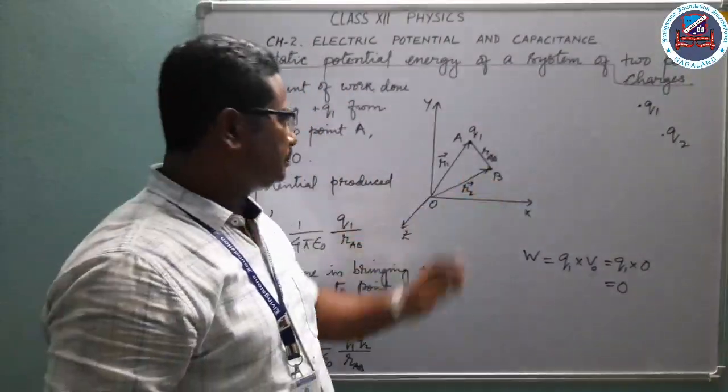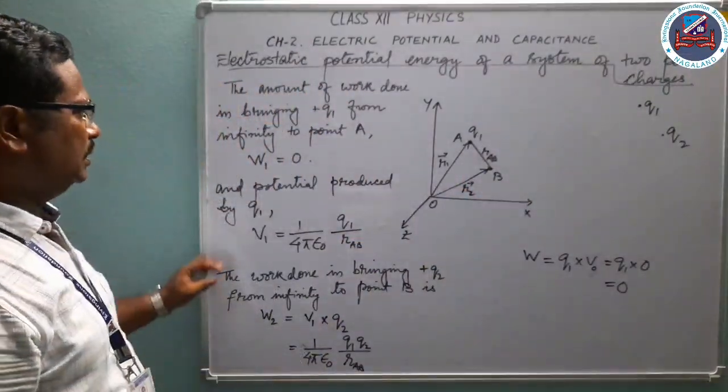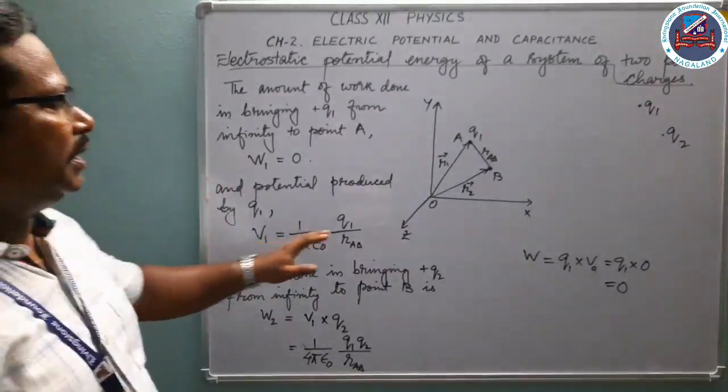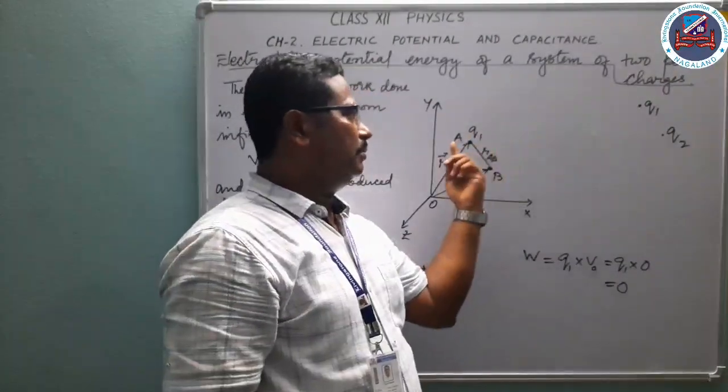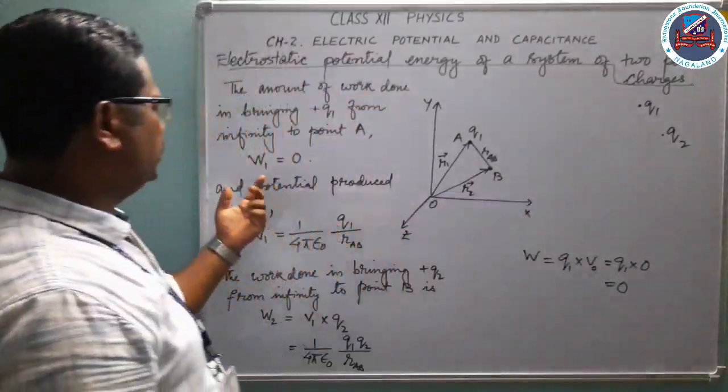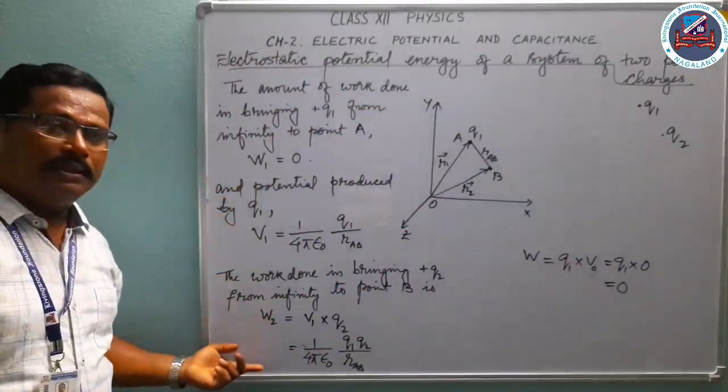from the origin. Now the total work done in bringing the charges from infinity, both the charges from infinity, will be the sum total of W1 plus W2.